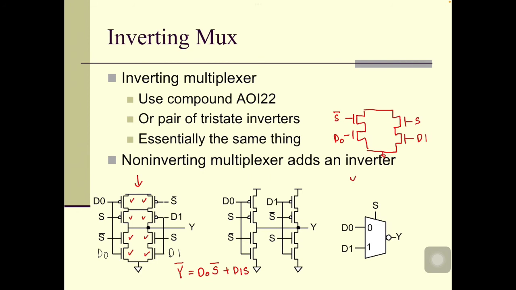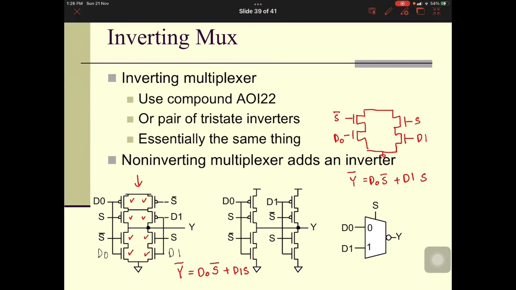So this implements D0 S plus D1 S bar, and you can put the complement. So the complement for this side here is actually this branch here.